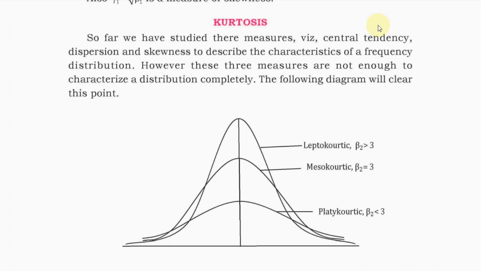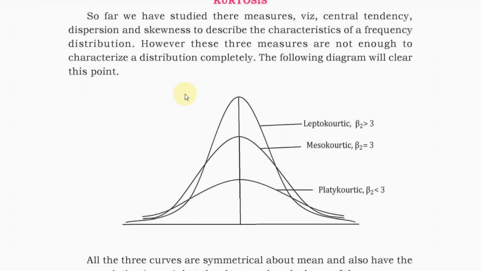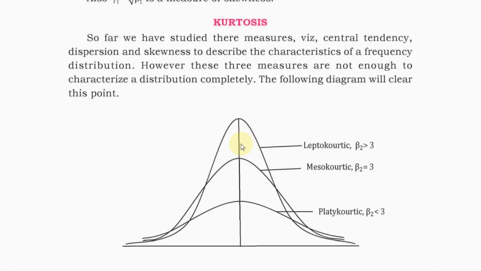Skewness refers to the symmetric or asymmetric property of the distribution. So at last we have kurtosis, the last characteristic that we need here.